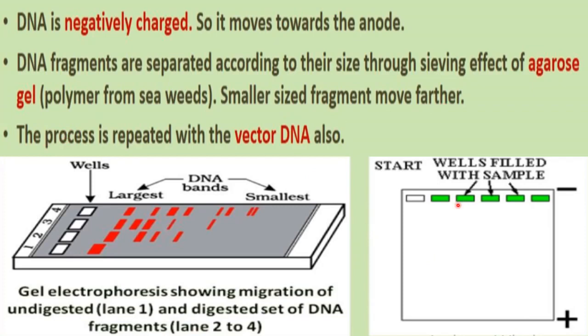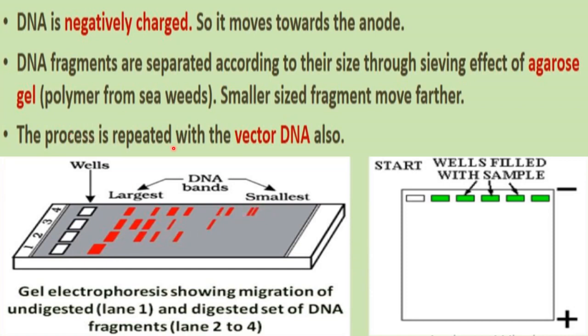So when DNA starts moving from here, it will move towards the anode, means towards the positive charge. The smaller sized fragments of DNA will move farther. So the smallest size fragments you will get here. These are wells here, and these are moving fragments of DNA, and these are the smallest size fragments of DNA.